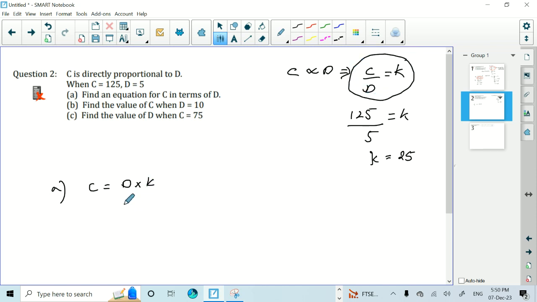But we found the value of K to be 25. So C then is equal to 25D. There you go. And that's it.